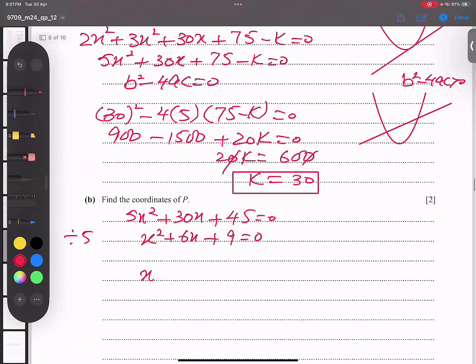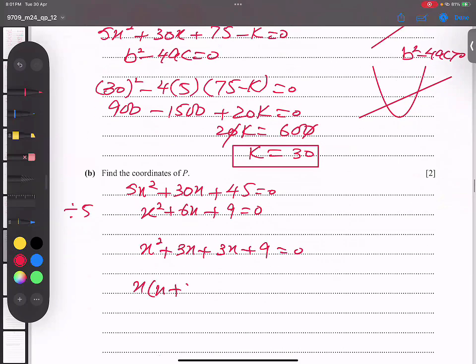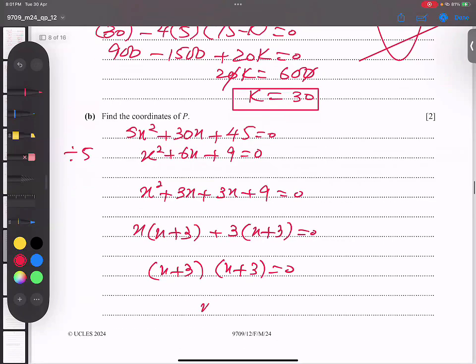So factorization, 9 ones are 9, and 3 threes are 9. So from here, x common, and I got 3, and 3 common, I get 3. And I get x plus 3 and x plus 3, and it comes the same answer. I got x is 3.